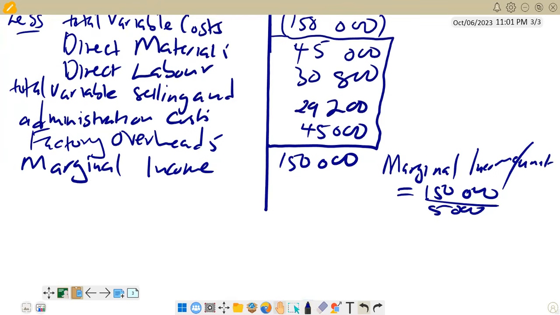Right. If you say 150,000 divided by 5, you are going to get 20 rands. You are going to get 30 rands, sorry, 30 rands. So it's going to be 30 rands per unit. So this is the marginal income per unit. Then we go to the next question.